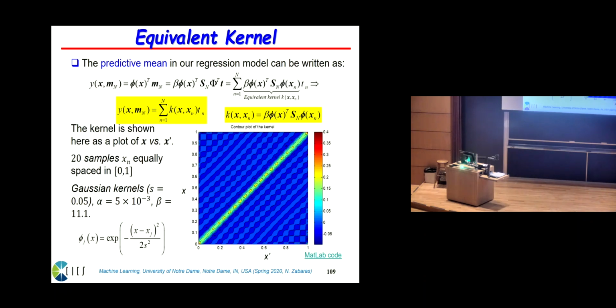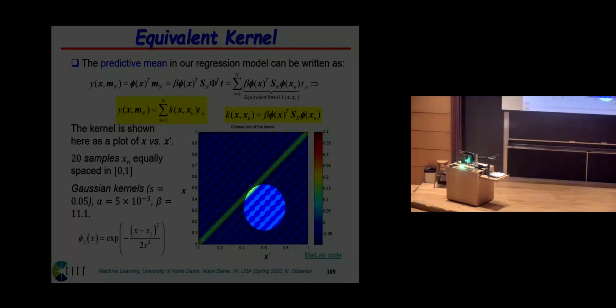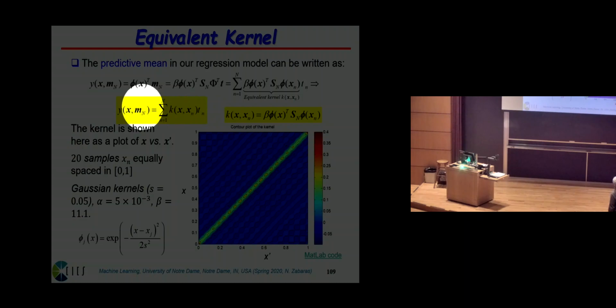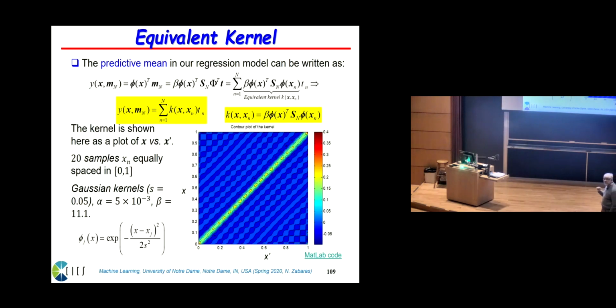When x is far away from x prime, this thing is very small. And so the intuition here is that the points tn that contribute to the response at the point x are the training points that are close to x. Can you see that? That's a common sense thing. That's what you like this to look like.